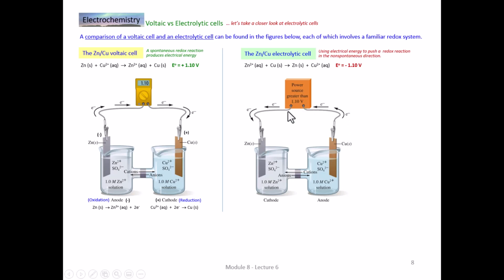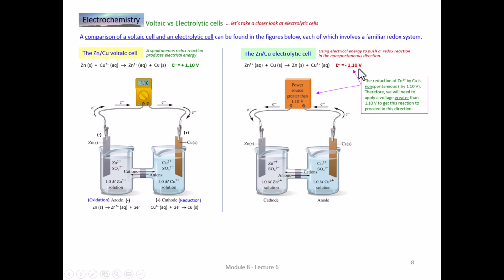And to do that, we'd have to hook this to a power source that gave us a voltage greater than 1.1 volts. And the reason is because the reverse reaction to the reaction that's going on in the voltaic cell, which we've written here, is non-spontaneous by 1.1 volts.